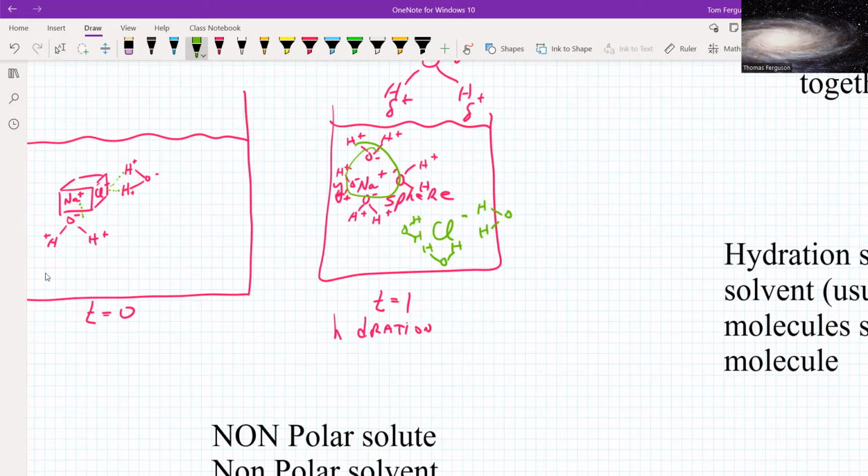And what's pulling that out, again, is the solvating force, which is very strong in water, particularly if the solute is polar. So you have three situations. You've got a polar solute and a polar solvent like this, and usually those dissolve.